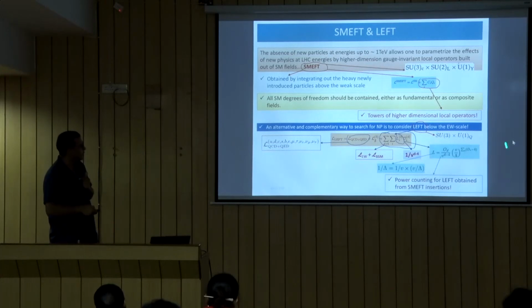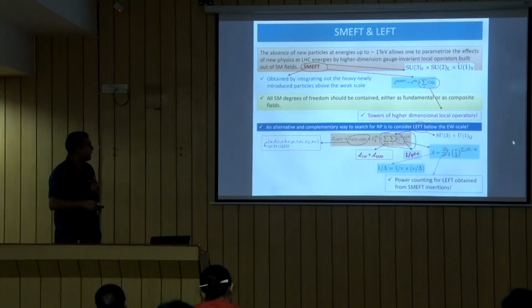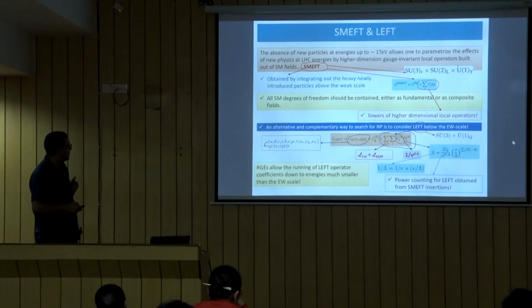In that case, you will have an additional 1/Λ factor, which you can write as v/Λ, and then the whole power counting of this coefficient would be like this. So you will have an additional suppression factor that comes as v/Λ. Okay. So now, how does it help you?